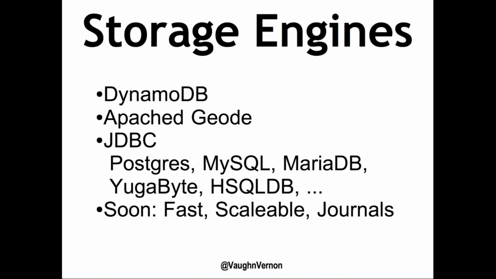So we can use a regular Postgres JDBC driver to have an interface to Yugabyte, and through Yugabyte you get global scale in persistence, and that includes atomic transactions. And soon we'll be releasing fast scalable journals, and you'll see success with those very soon.